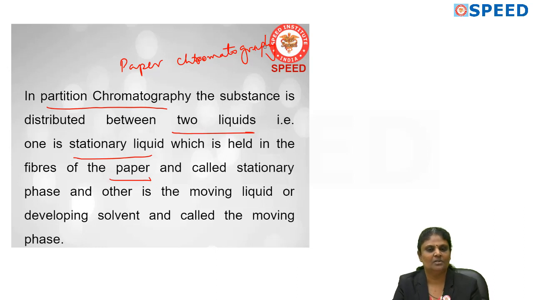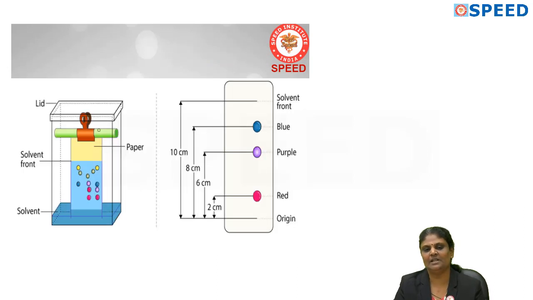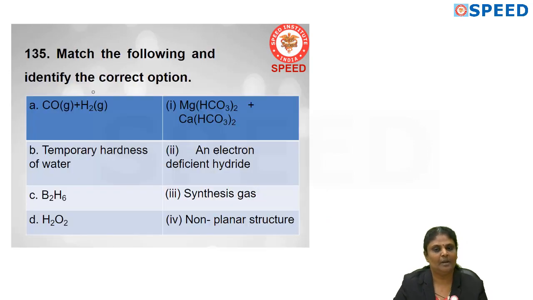Okay, so this is the diagrammatic representation. This is paper, and then you get different types of colors. So you have to separate the components by using this paper chromatography.